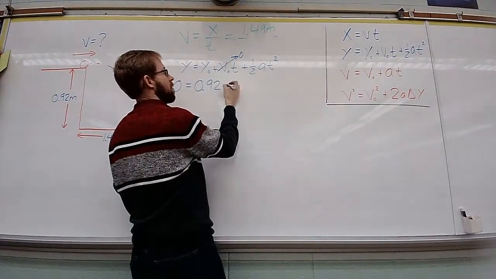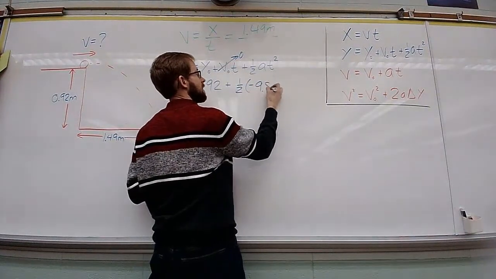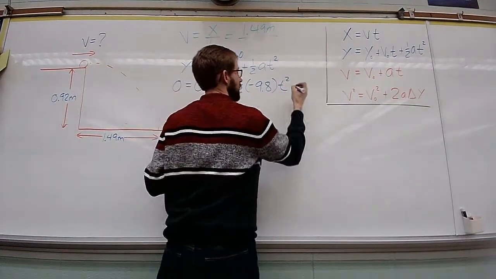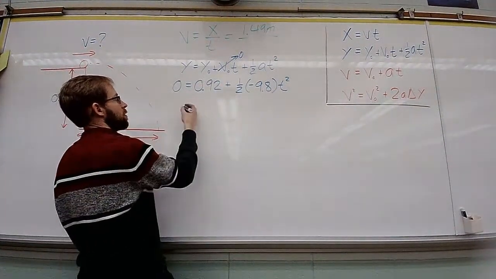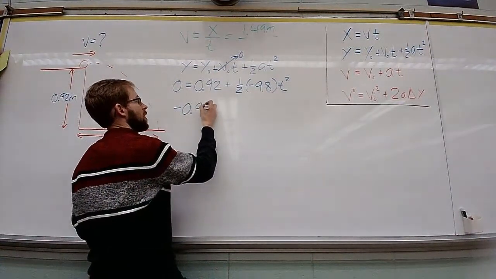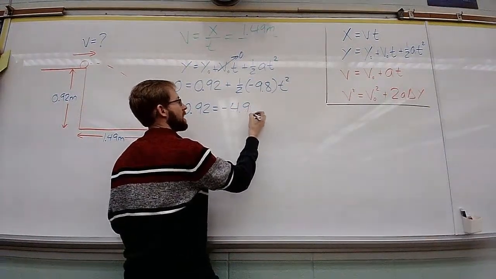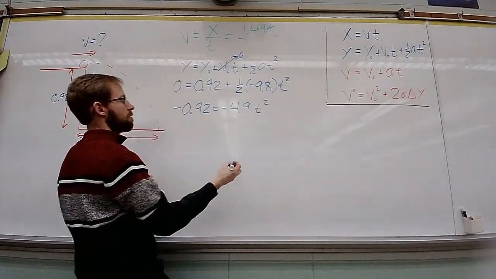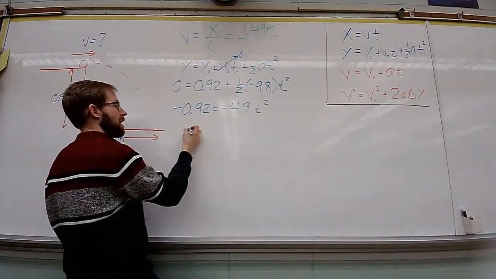Then we've got 1/2 at squared. A is negative 9.8, and t squared. So we got to solve for t in this equation. So I'll move this over there. Negative 0.92. 1/2 times negative 9.8 is negative 4.9. So to solve for t then, we're going to divide both sides by negative 4.9.